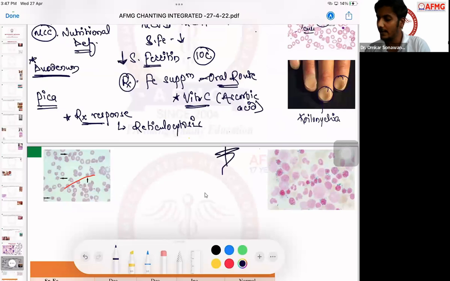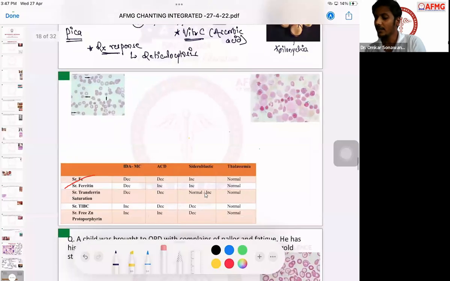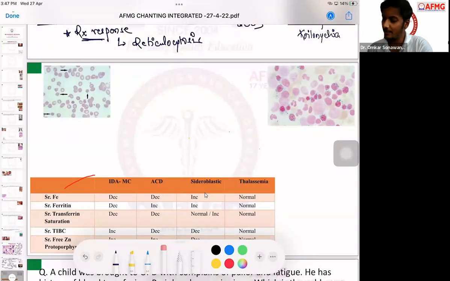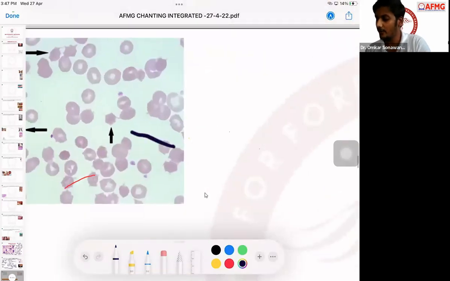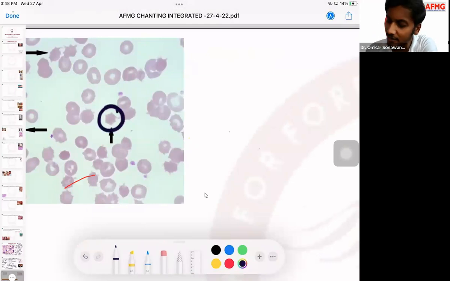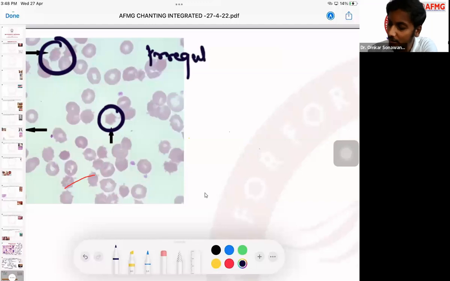Now moving further, talking about the next one. Here we have a picture of a peripheral blood smear again. In this smear, you can see clearly that we have some RBCs which have irregular projections or spikes on their surface.